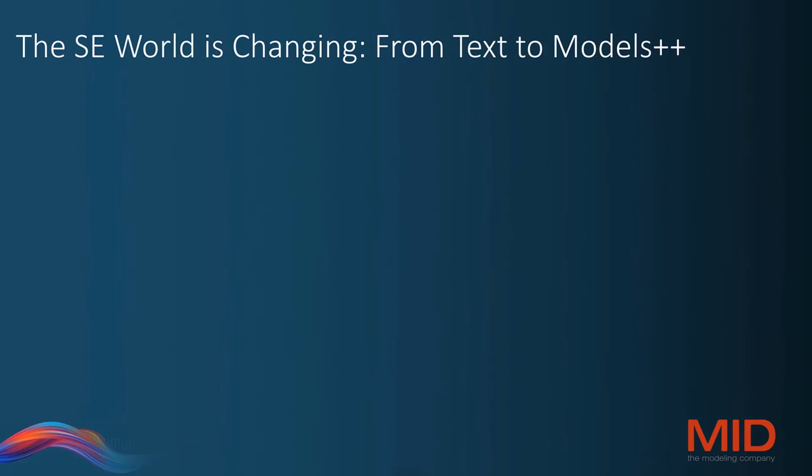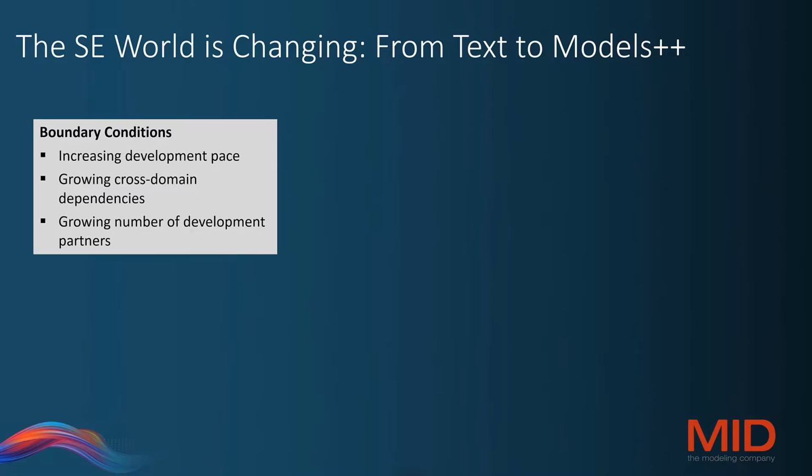So if we look at systems engineering today, we recognize that this world is changing dramatically. In the past, we used to exchange detailed definitions of systems purely via textual documents. Today, we're facing severe boundary conditions with an ever-increasing development pace, with massively growing cross-domain dependencies, and with a growing number of development partners in each project.